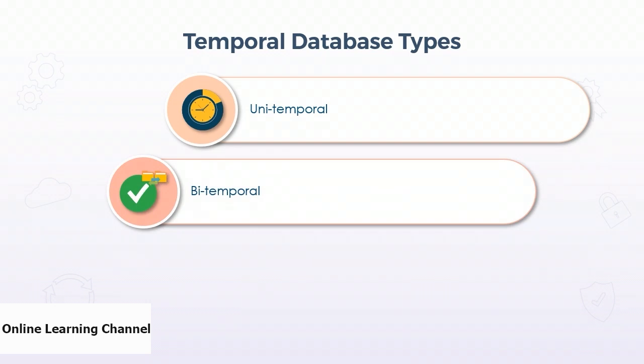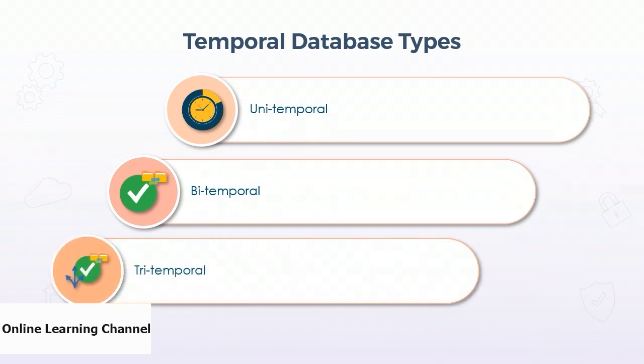These are valid time range and either the transaction time or the decision time as a second dimension. And finally, a tritemporal database stores all three time dimensions: valid time range, transaction time, and decision time. The more time dimensions a database has, the more flexibly it can be temporally queried.